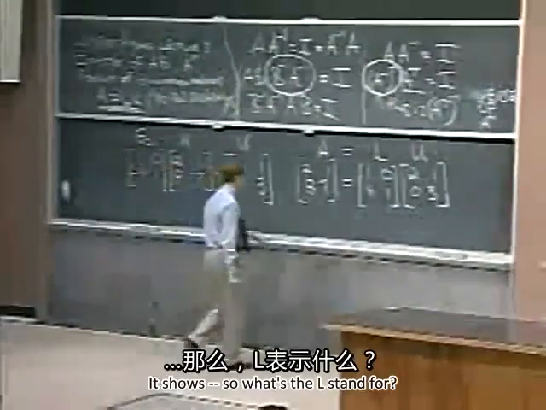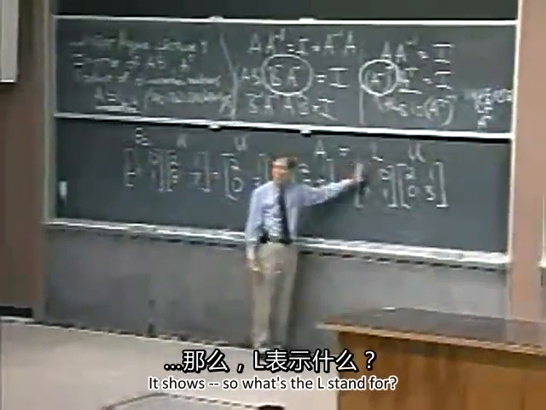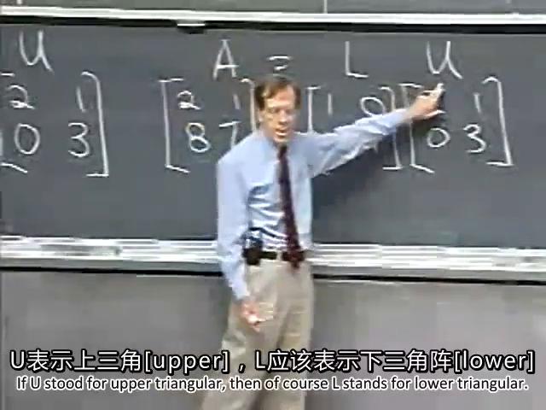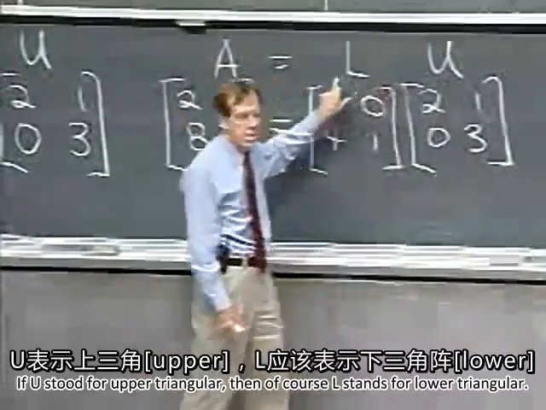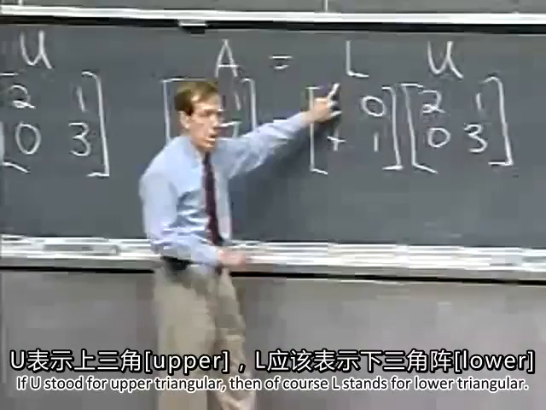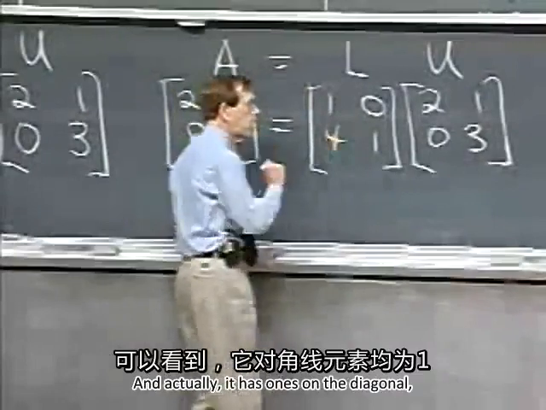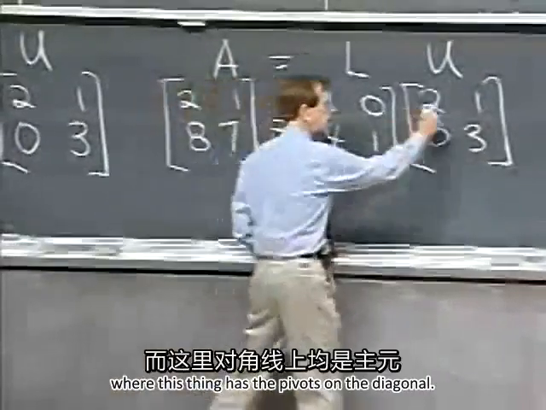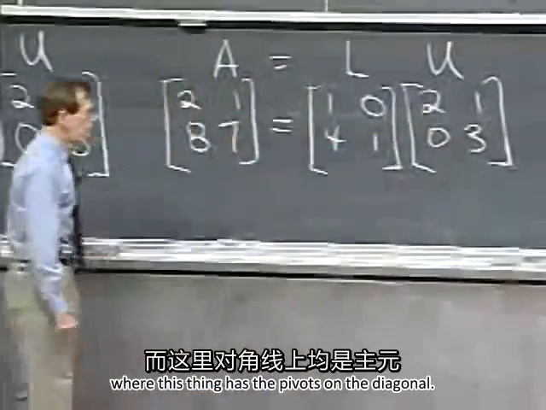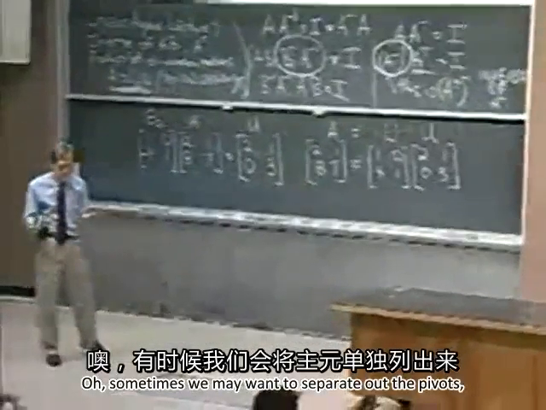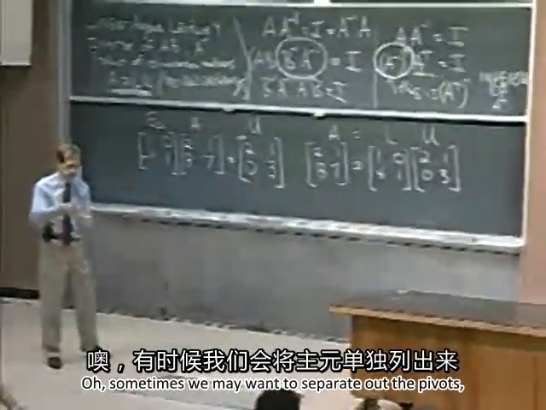What does the L stand for? If U stood for upper triangular, then of course L stands for lower triangular. And it has 1s on the diagonal, where U has the pivots on the diagonal. Sometimes we may want to separate out the pivots.